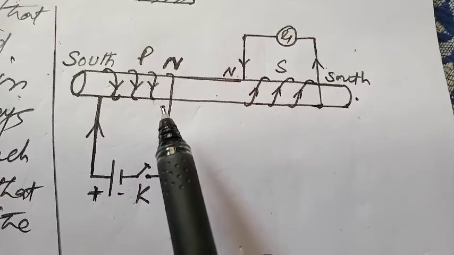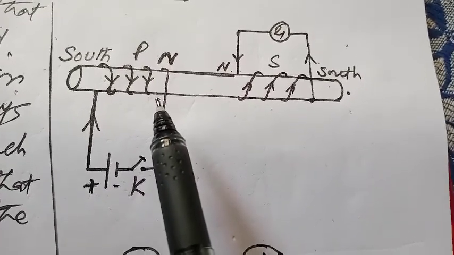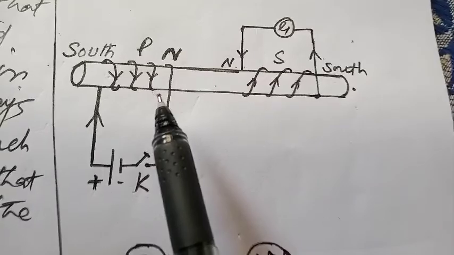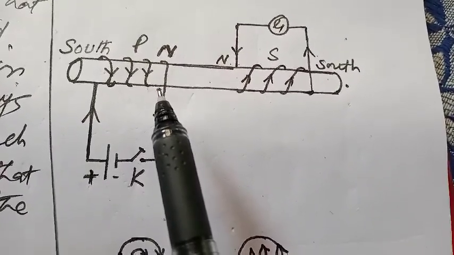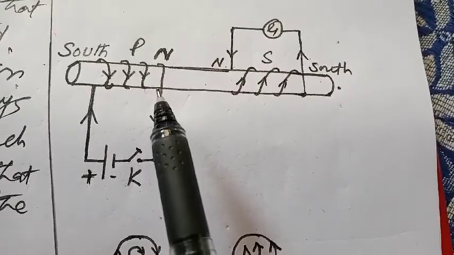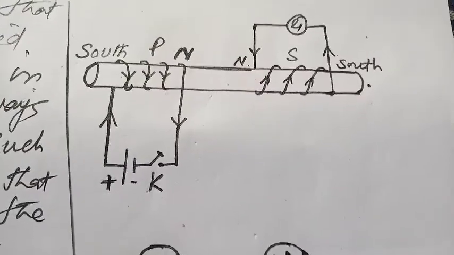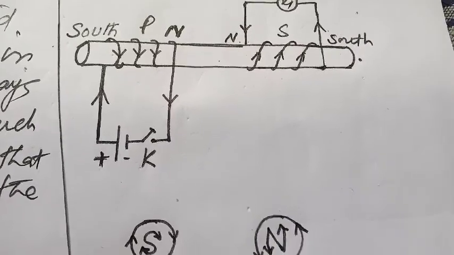That is also due to the negative sign which appears in Faraday's second law, E is equal to minus d phi by dt, which we have already derived.